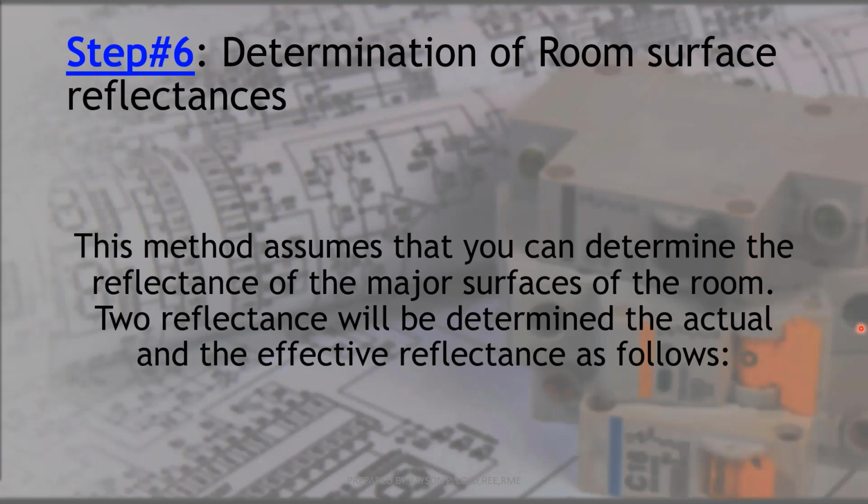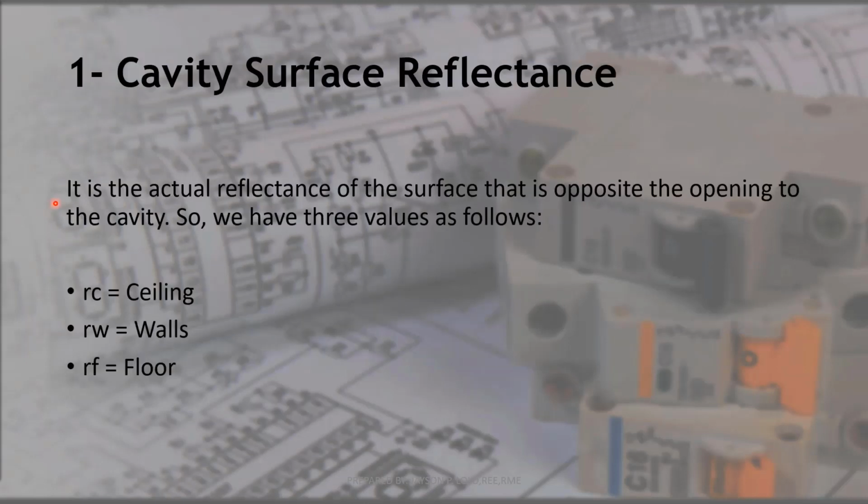These are the reflectances of your lighting fixtures. First one is the cavity surface reflectance, those inside the cavity, which are the ceiling, the walls, and the floor. They can absorb or bounce off the light again to each cavity. So you have 3 values as follows.